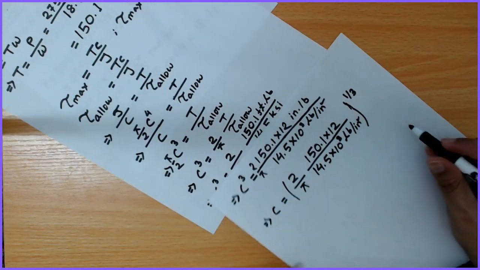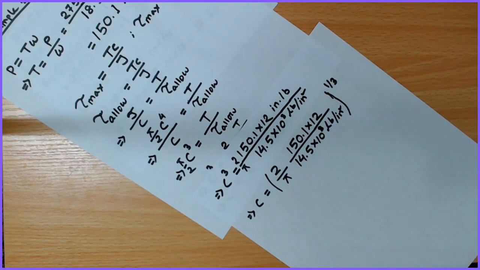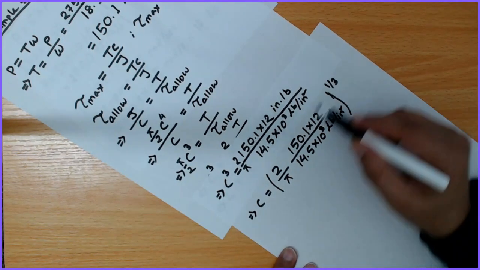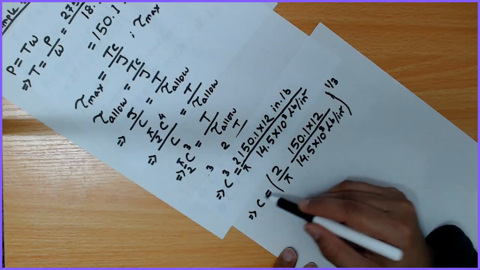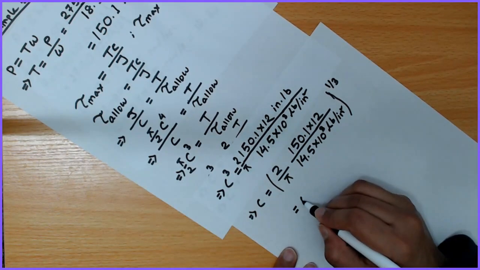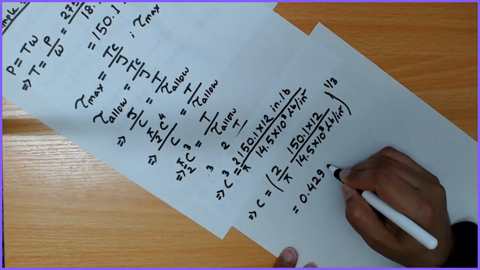For C cube I take the power 1/3 because I need the value of C. So the value of C is 0.429 inch.